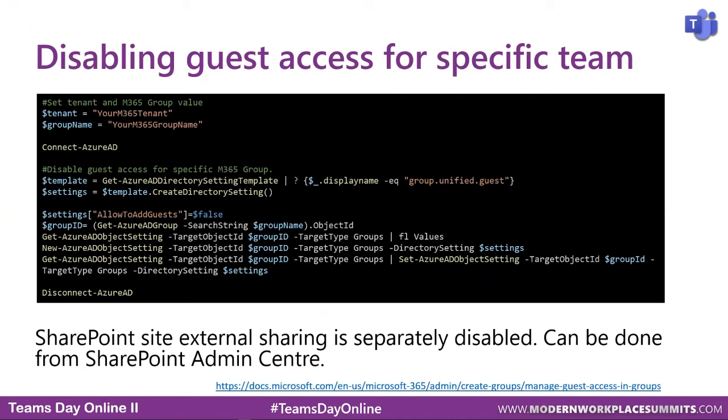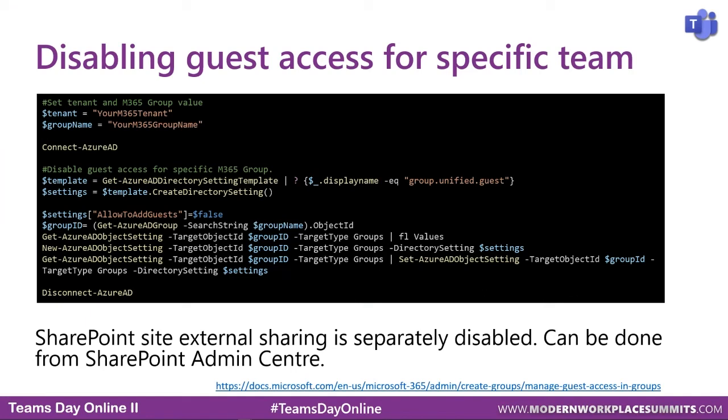And there's a sample script here that you can take a look at. You basically need the Azure AD module installed as a PowerShell, the preview module, and a simple script that basically says, go and find me all the groups and the guest level setting in there. And basically, going through the settings in there to say, allow to add guests set to false.